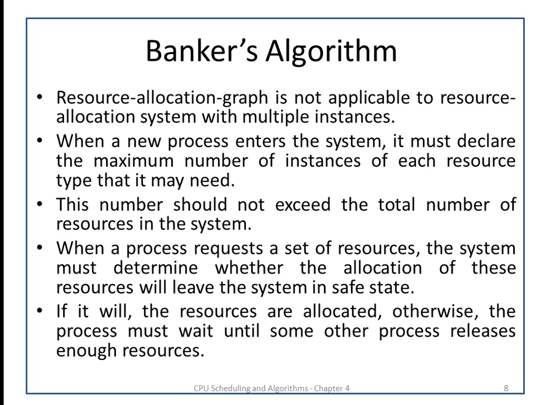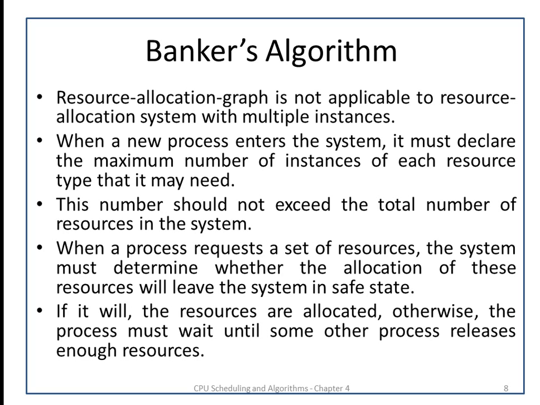The resource allocation graph algorithm is not applicable to a resource allocation system with multiple instances of each resource type. The deadlock avoidance algorithm that we describe here is applicable to such a system but is less efficient than the resource allocation graph scheme.